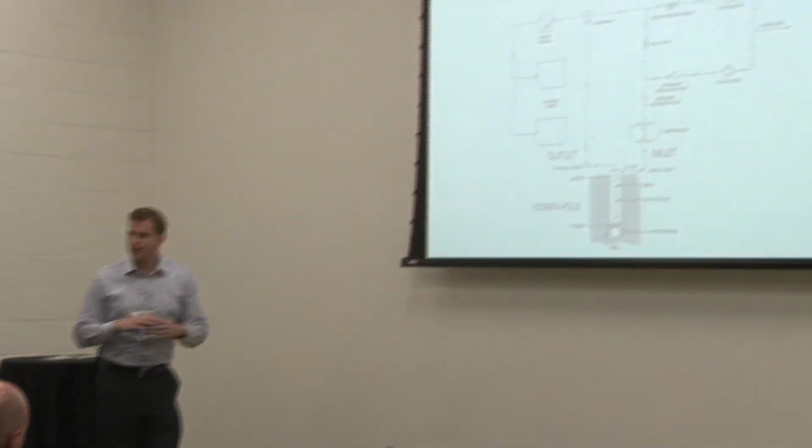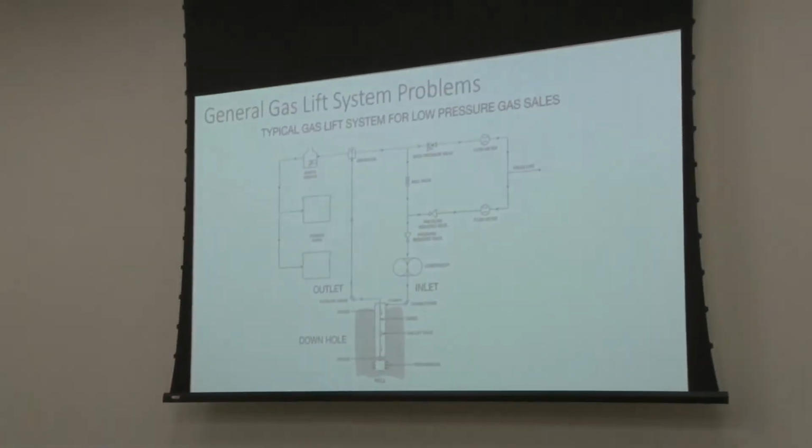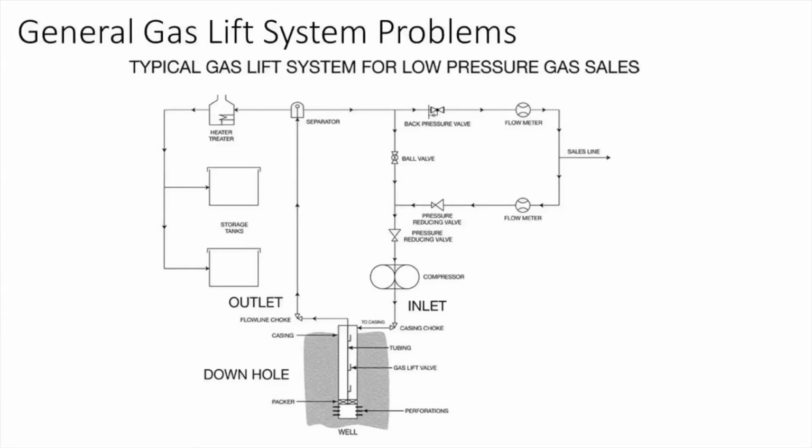With optimization, I like to go into troubleshooting. So with troubleshooting gas lift, you're troubleshooting a system. You're troubleshooting the inlet side of the gas lift system, your gas coming from a compressor, coming from a centralized compression facility, or a high pressure line.